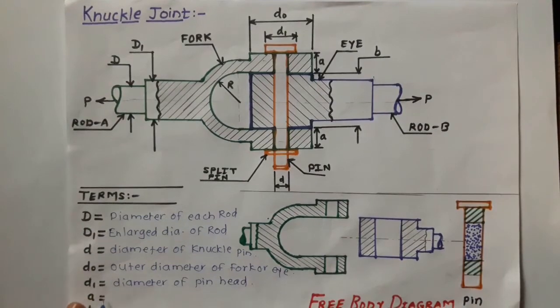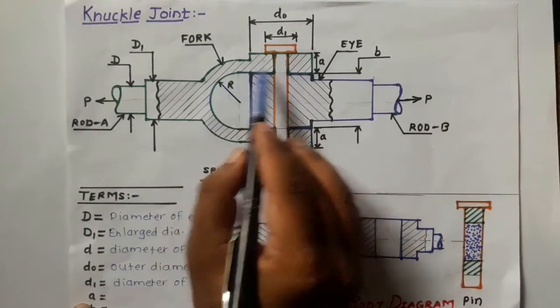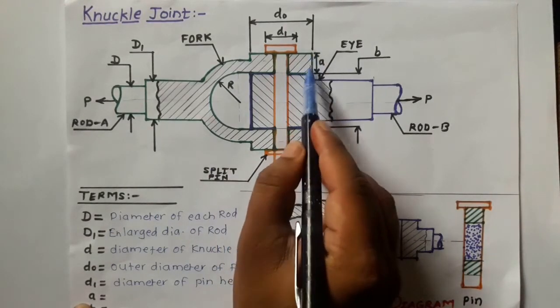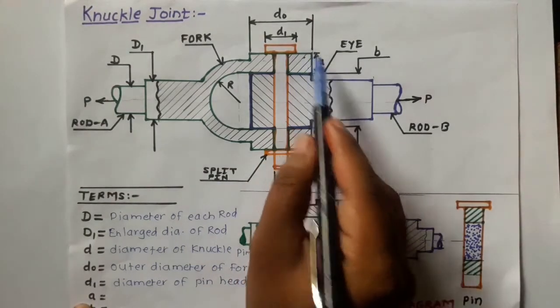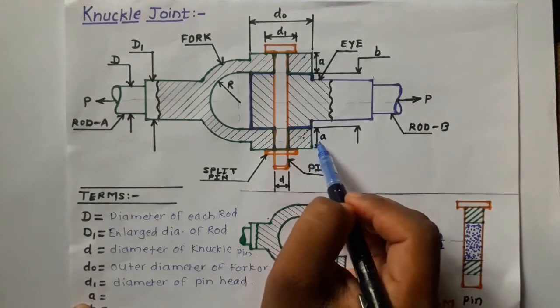Now next is small a. As you can see here, this fork has two ends and its thickness is small a. This is the top end of the fork and this is the bottom end of the fork. The top end and bottom end of the fork have the same thickness, denoted by a.